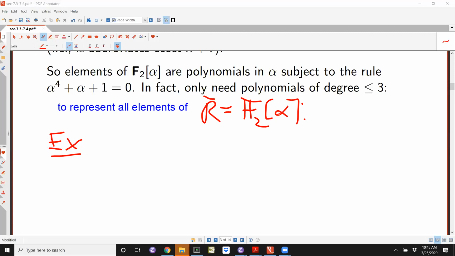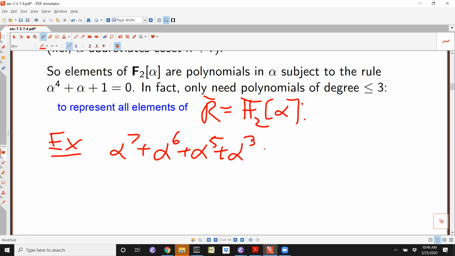Okay, so let's look at alpha to the 7th plus alpha to the 6th plus alpha to the 5th plus alpha cubed.